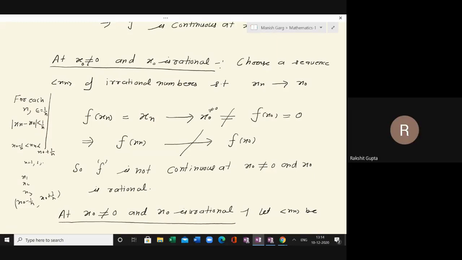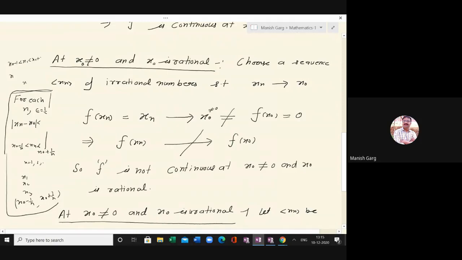Clear point? Sir, please scroll a bit up. Is it clear or not? You will always get that type of sequence which converges to x naught from here. If you take n equal to 1, you can choose one number from this, x1, you can choose any one.